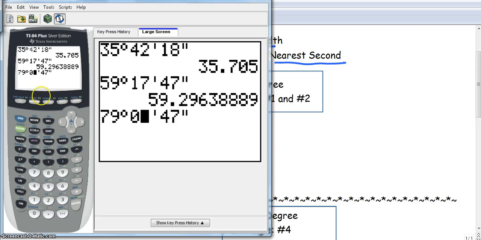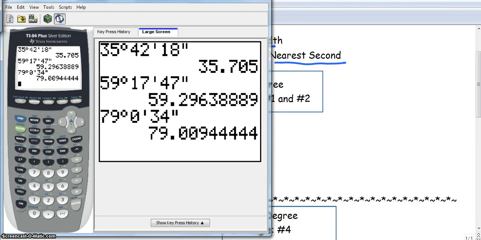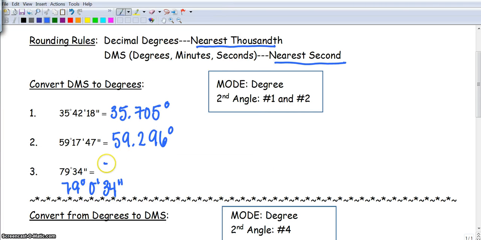So 0 minutes and 34 seconds. And we get 79.009 degrees. Alright, and that's how you can convert from DMS to degrees.